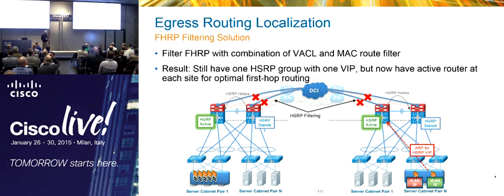This could be 7Ks, 5600s. The OTV right now is done on top of ASRs, CSRs, and 7Ks. That's the only place we have OTV at this point. But it allows me to do that filtering. It's built into the control plane, and I can do this.